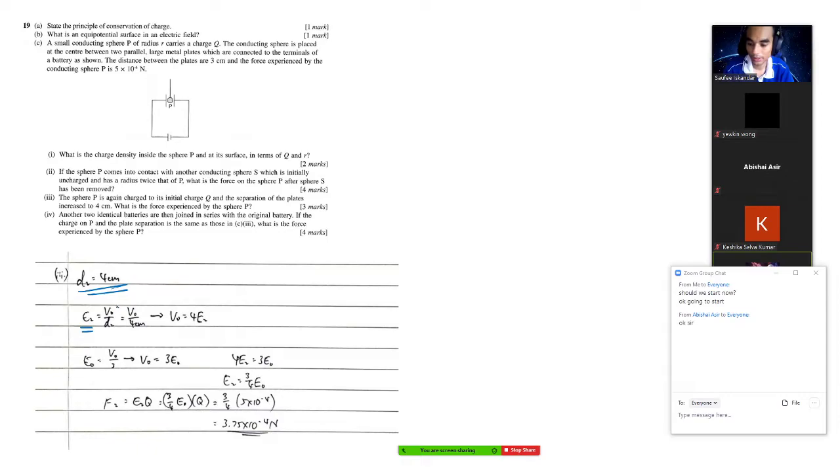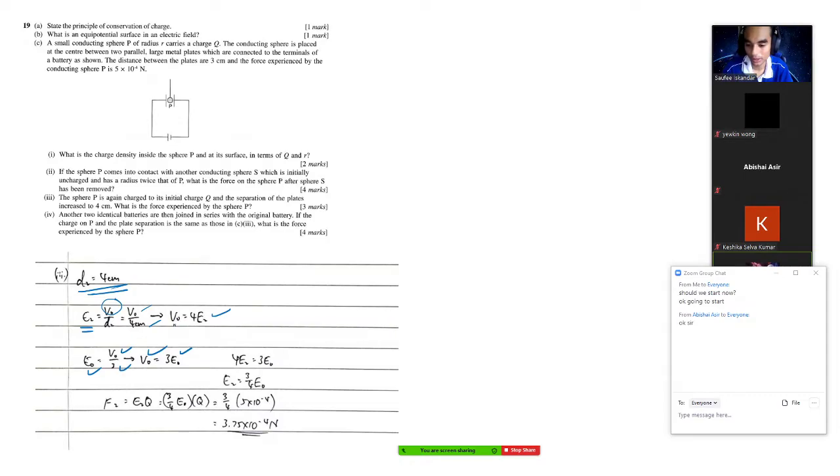So E is V over D. Okay, V naught means the original potential difference. So E2 equals V naught over 4 cm, so V naught is equals to 4 E2. Again, E naught equals to V naught over 3, so V naught equals to 3 E naught.